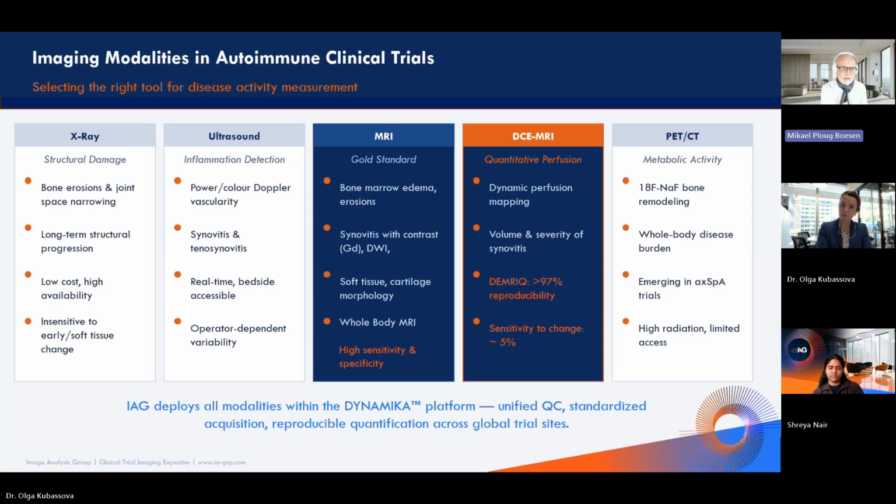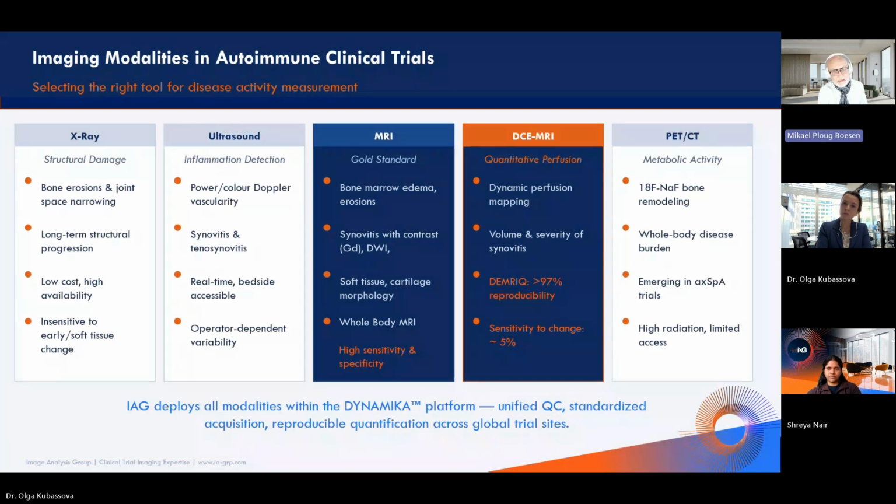So it's the gold reference or gold standard in many trials, because it can include all of what you want at the same time, even though it's potentially not that accessible, and also comes with a cost, obviously.